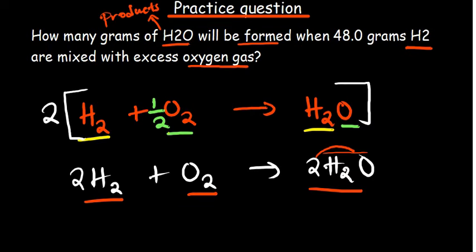Of course, all these reactants are in gaseous state, while our water is in liquid state. In this case, they were not asking us to write the equation. We are just balancing it for the sake of answering the question.